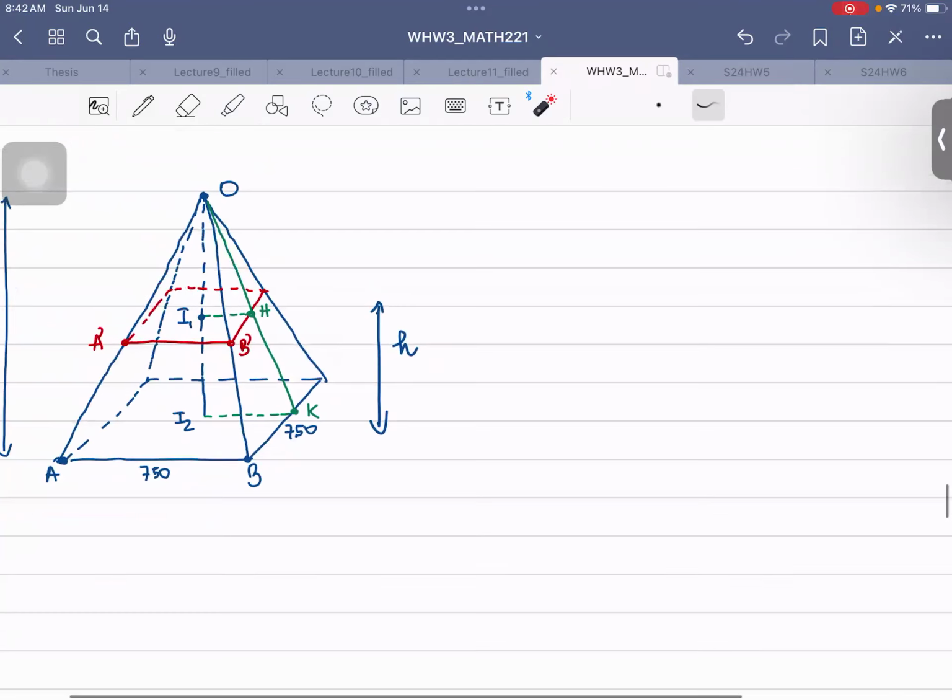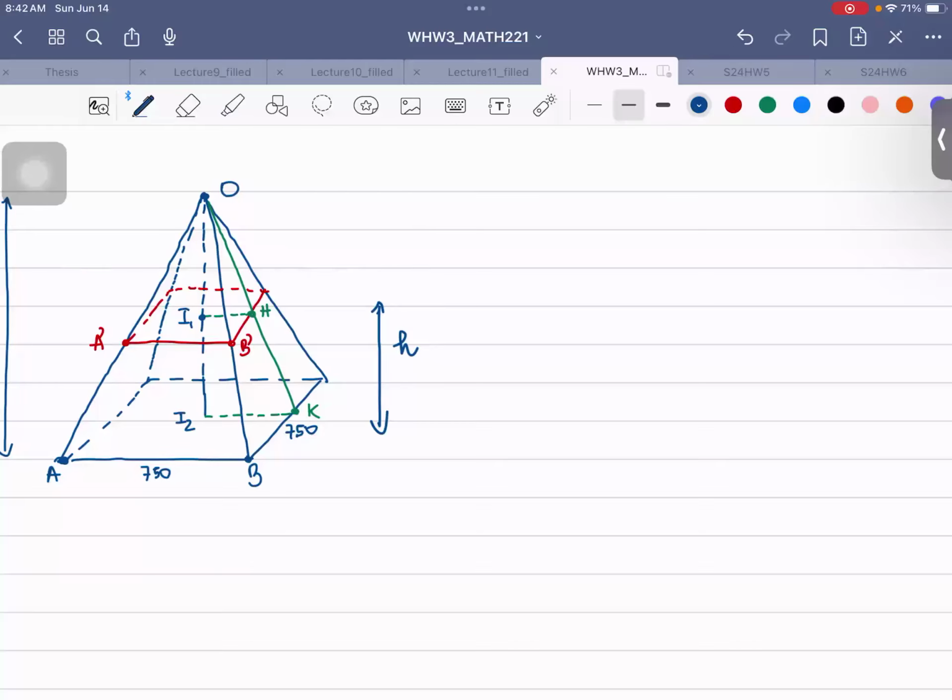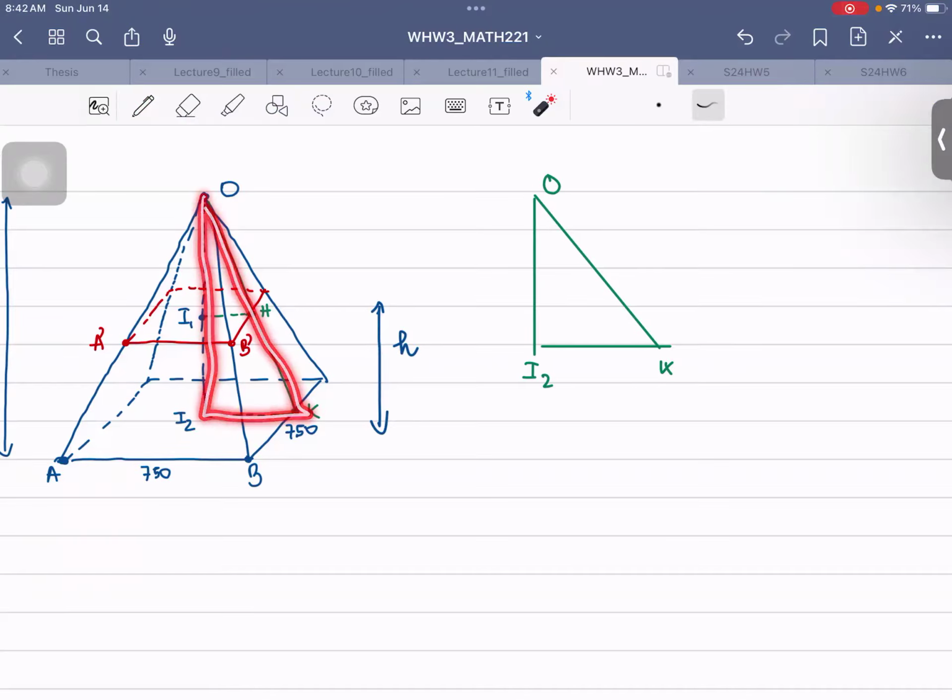So over here, let me work in two dimensions. Sorry, this is my right triangle, the right triangle O I2 K. I take out this right triangle.